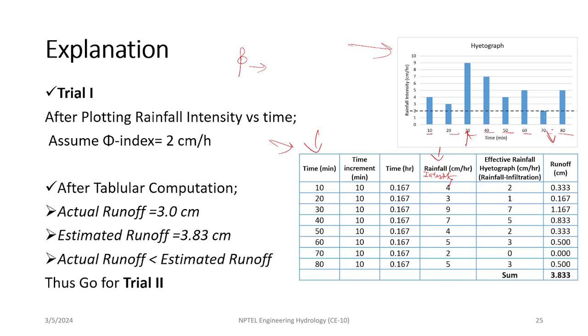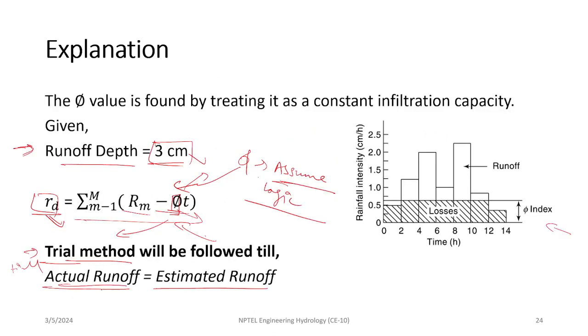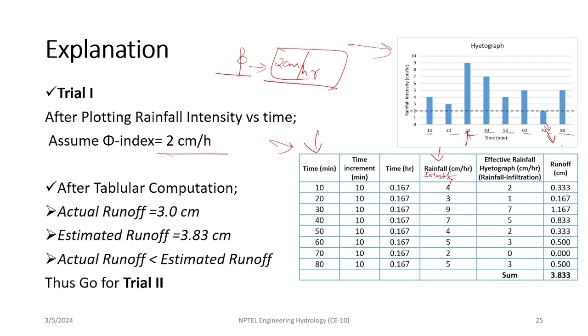Here you can see that the lowest rainfall intensity is 2 centimeter per hour. So here we assumed phi as 2 centimeter per hour. Okay, and we have computed the actual runoff, and how we are computing this you can see in the table.